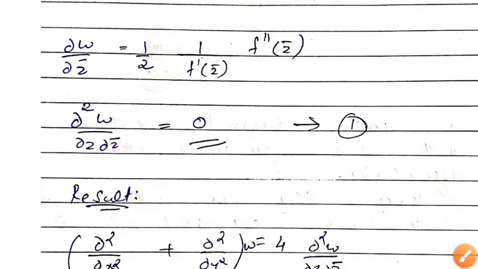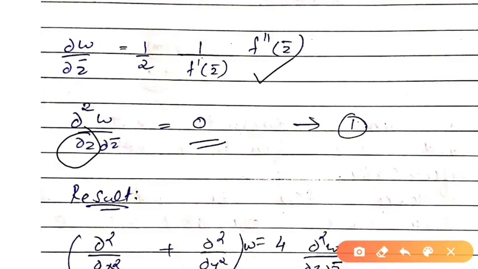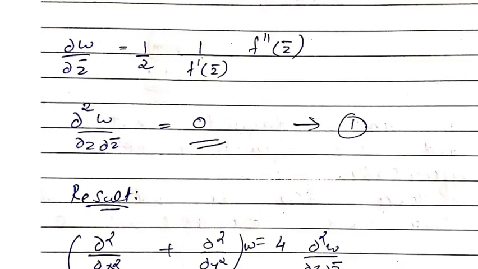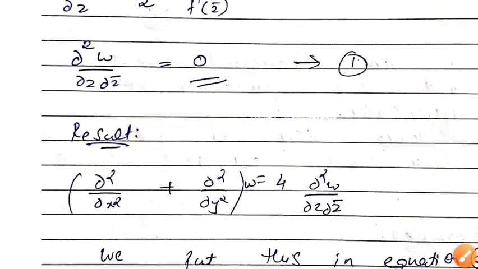Now next, I will differentiate this equation with respect to z. So here you are not seeing any term of z, so this whole term will be constant. So this will be equal to 0. We name this equation 1.